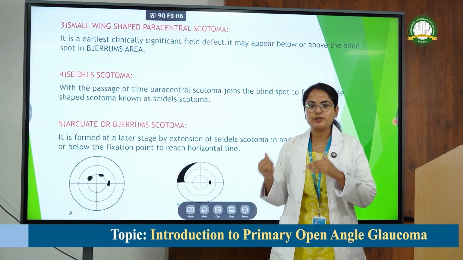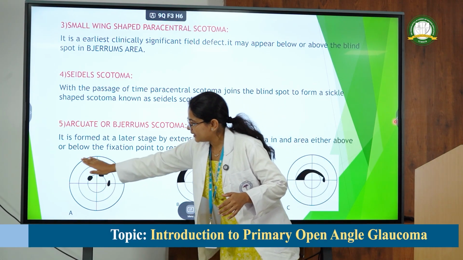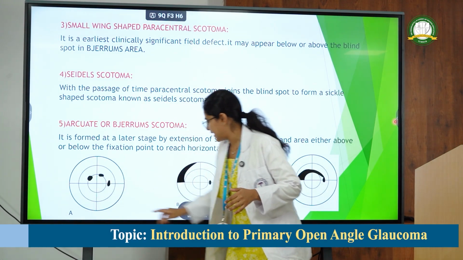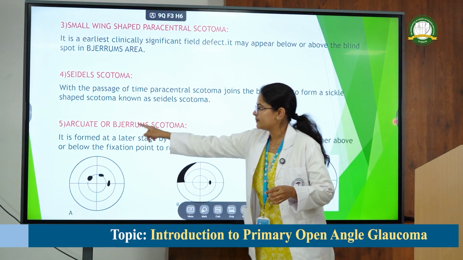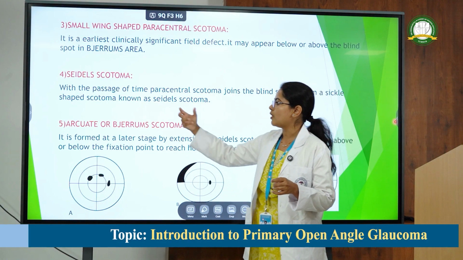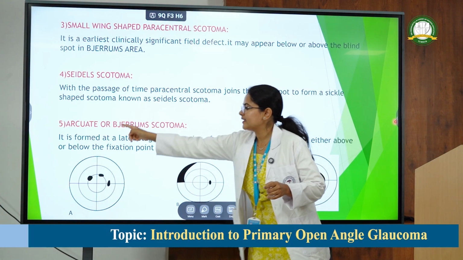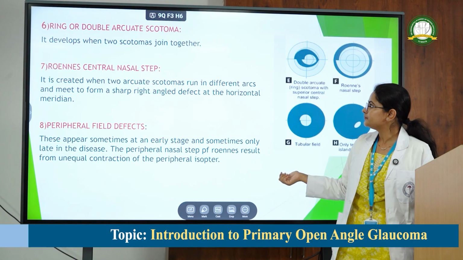That's why in glaucoma visual fields, whenever you appreciate, this is the horizontal raphe. It will lie within the horizontal raphe. It won't cross this horizontal raphe. So Bjerrum's area is the temporal arcuate fibers. When affected, it will cause the Bjerrum scotoma, which lies within 10 to 25 degrees of the visual field.